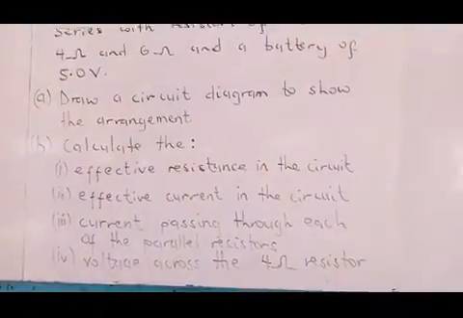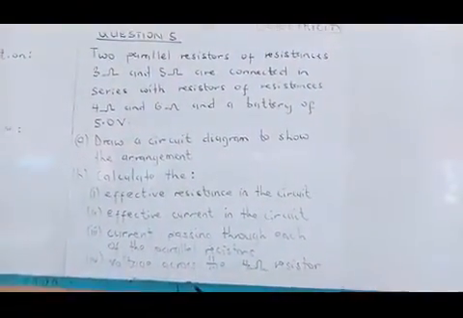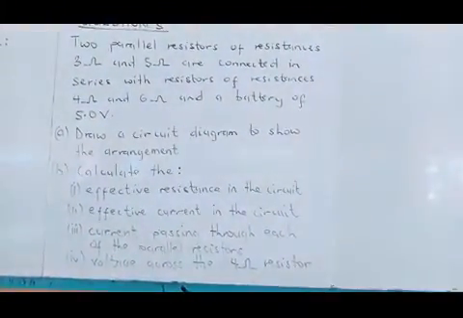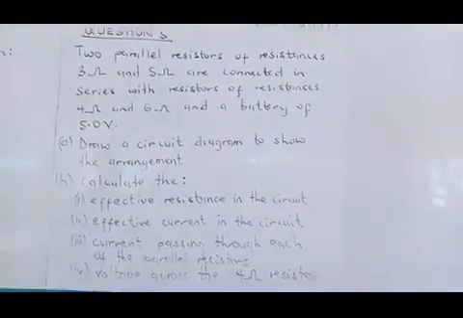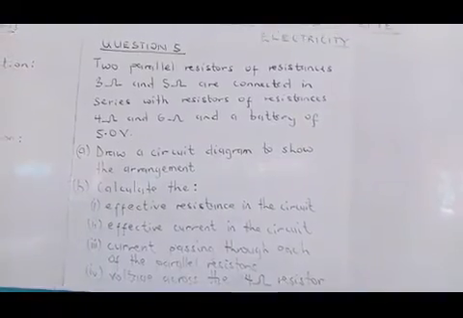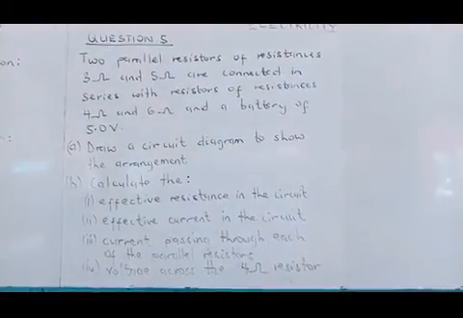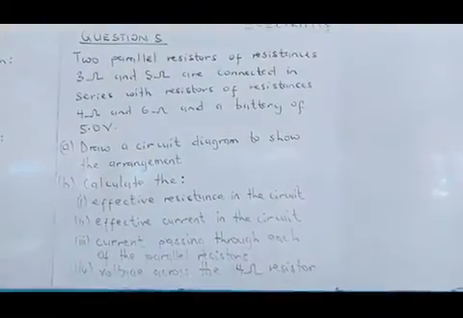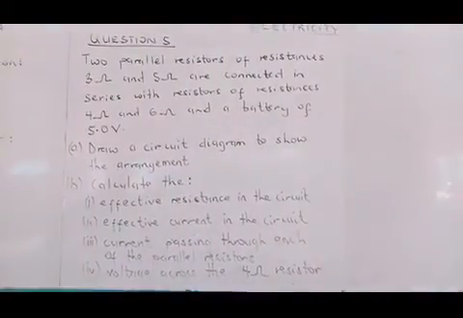Okay, so question 5 reads: the two power resistors of resistances 3 ohms and 5 ohms are connected in series with resistors of resistances 4 ohms and 6 ohms and a battery of 5.0 volts. Question A says draw a circuit diagram to show the arrangement.